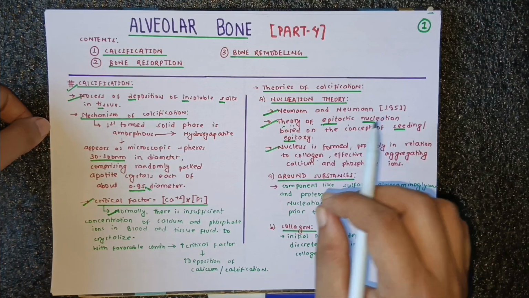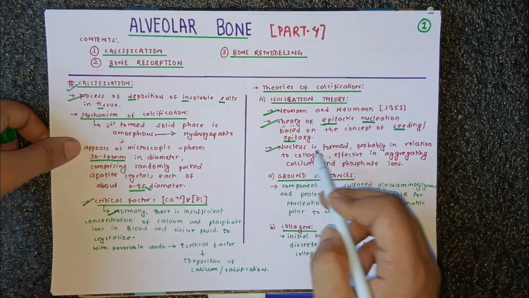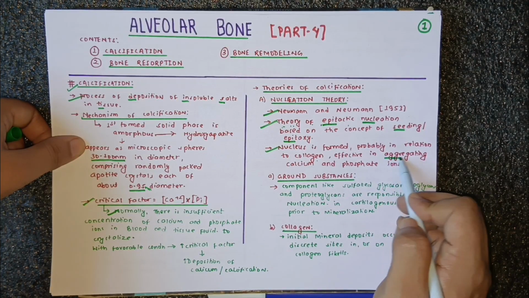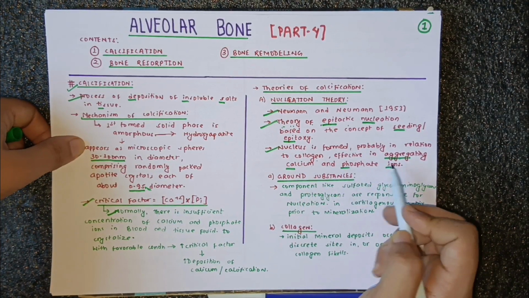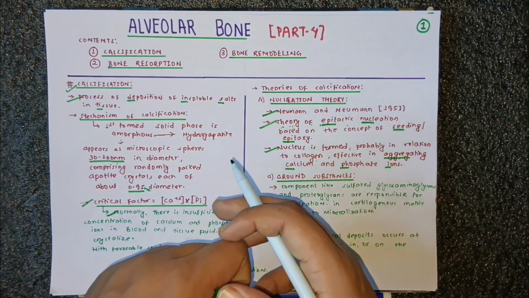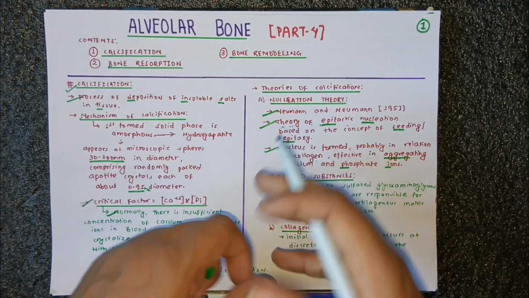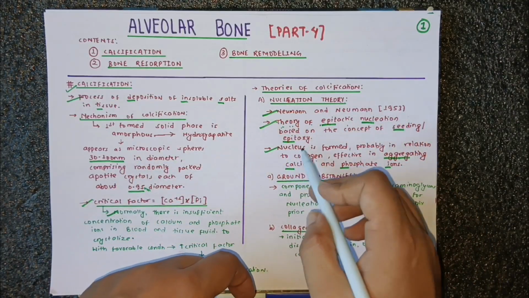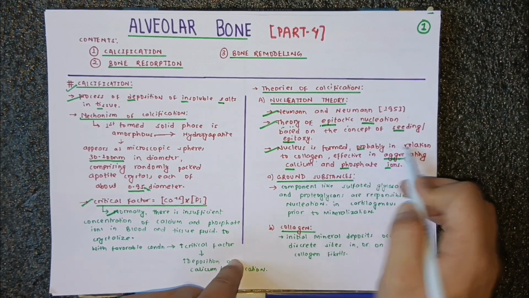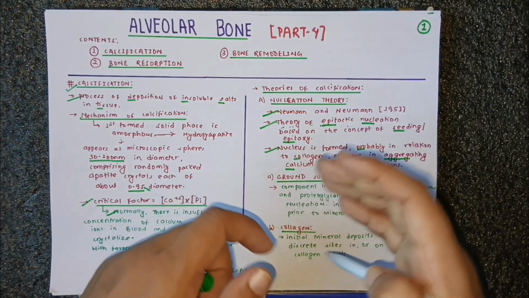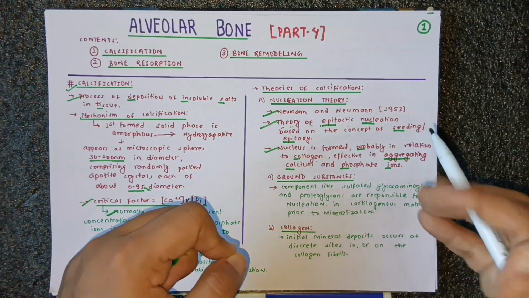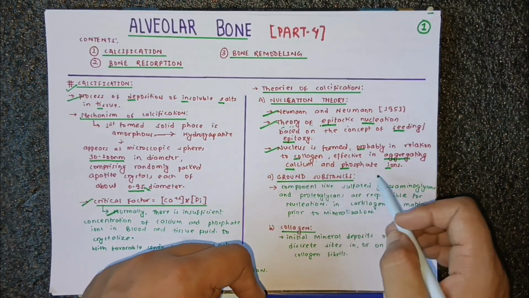The nucleus is formed first, and that nucleus is capable enough to attract and aggregate the calcium and phosphate ions, so that mineralization happens. The nucleus is a structure probably related to the collagen, and it acts as a center, a medium, that is effective in aggregating calcium and phosphate ions.